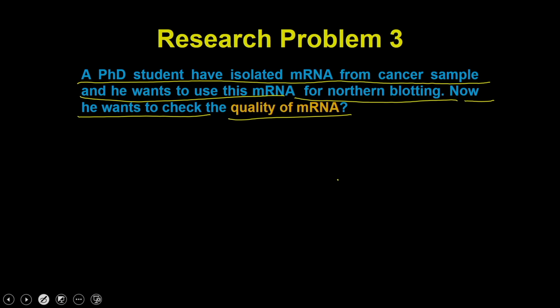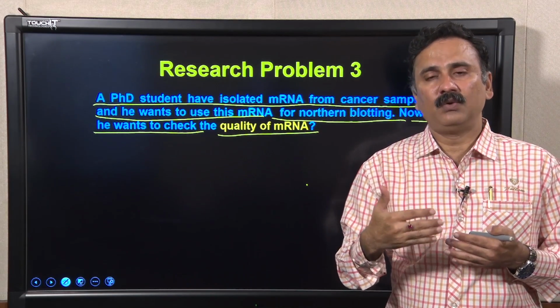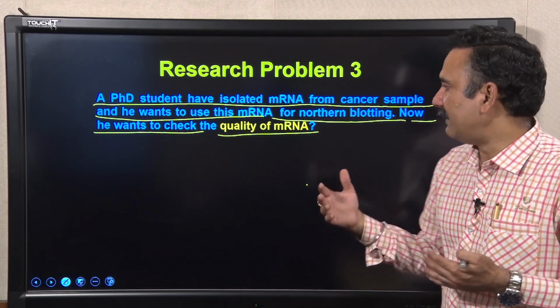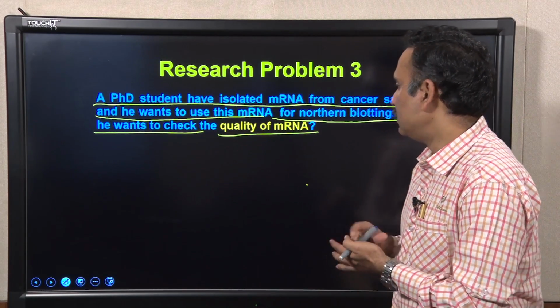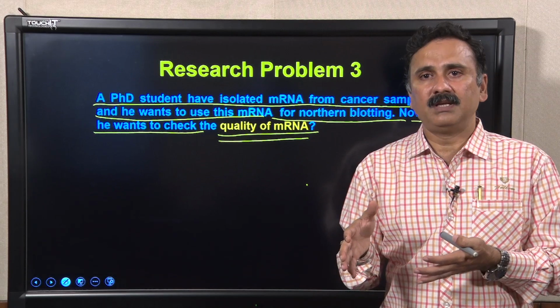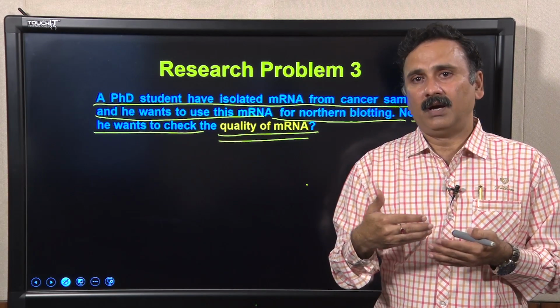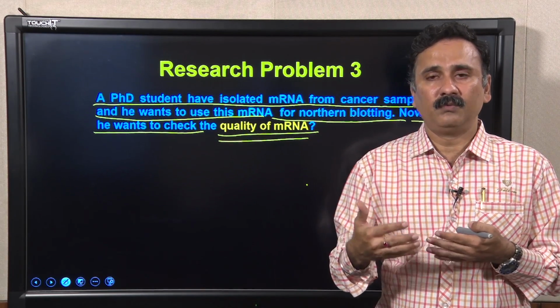When you want to do Northern blotting, which we are going to discuss in our subsequent lectures, the first thing is you have to know the quality of the messenger RNA, which means whether it is intact or degraded. Because if you use degraded messenger RNA, then your Northern blotting results are not going to be accurate, and they are not going to be conclusive.